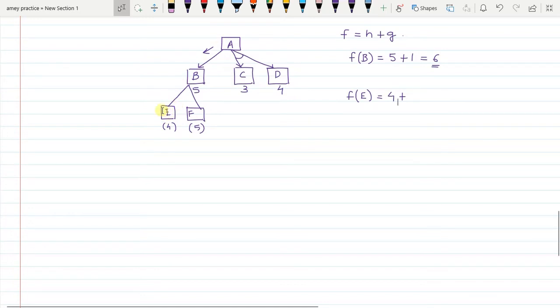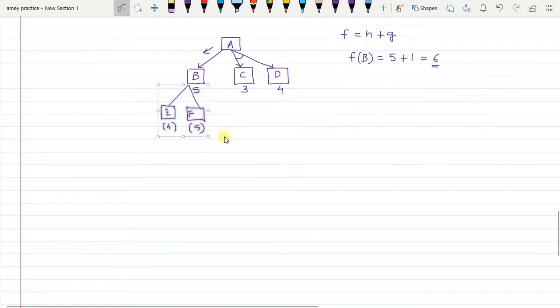But for AO star, the g value for any node comprises only the actual cost incurred in moving from the immediate parent node to itself. So from B, 1 unit cost is incurred along this path to reach E. So the g value of E will be 1, which is the cost along this edge that connects the previous parent node to the current node. So f of E will be 4 plus 1, that is 5. Just for example I have shown you this. Now let us continue with the problem that we were discussing.